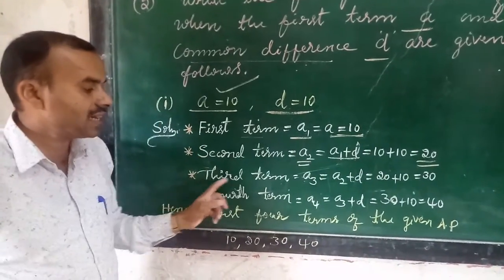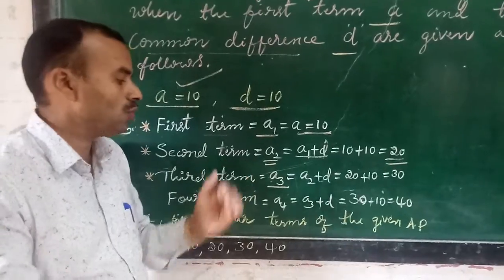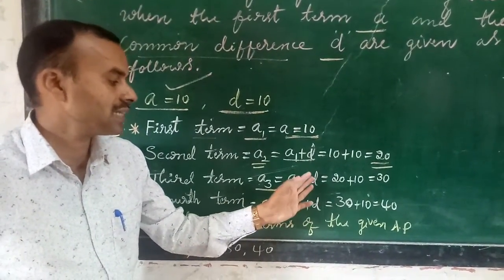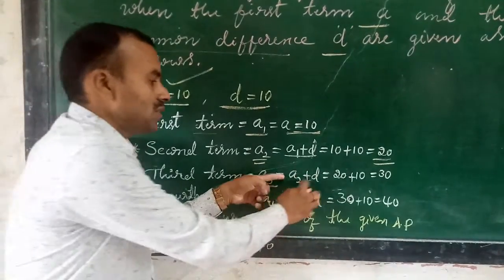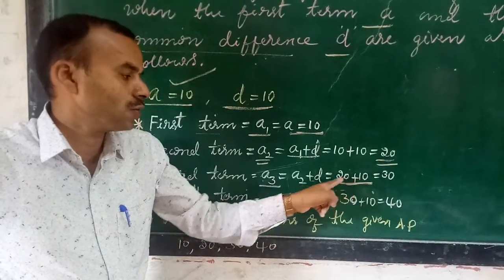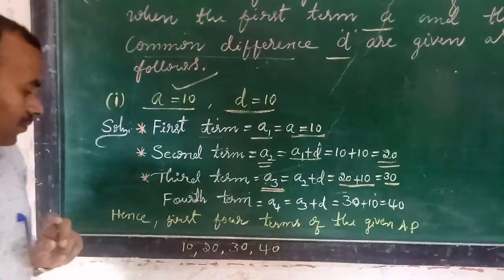In the same way, the third term A3. How can you obtain A3? A2 plus D, second term plus difference. Second term is 20 plus difference 10, that is 20 plus 10, 30. A3 is 30.